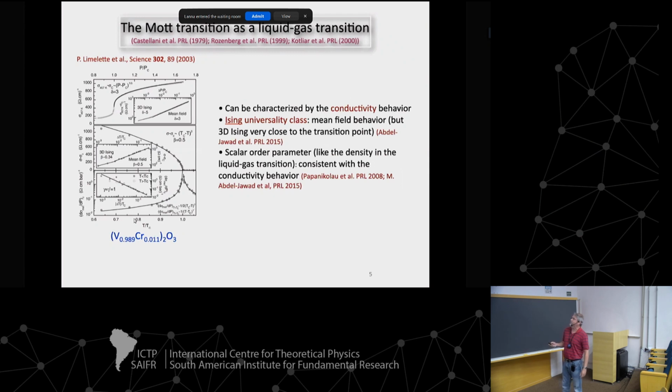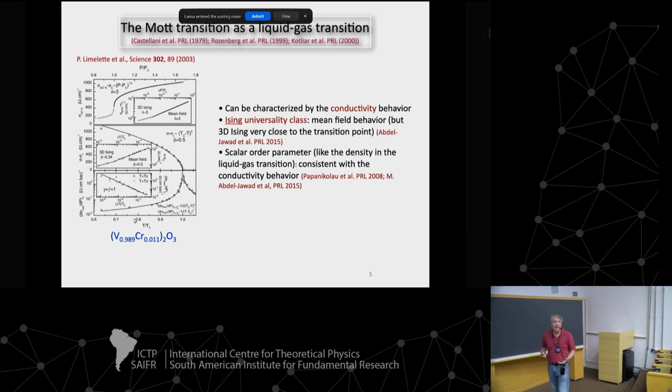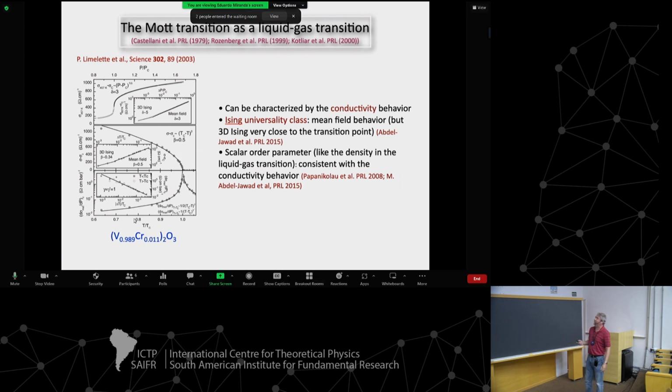It's actually very close to the mean-field values of those exponents if you're not too close to the critical point. At the critical point, you see corrections, and you recover non-trivial 3D Ising exponents close to the transition. This is what this paper is all about. And so the collection of these data is compatible with a transition that has a scalar order parameter, just like in the Ising model or in the liquid-gas case.